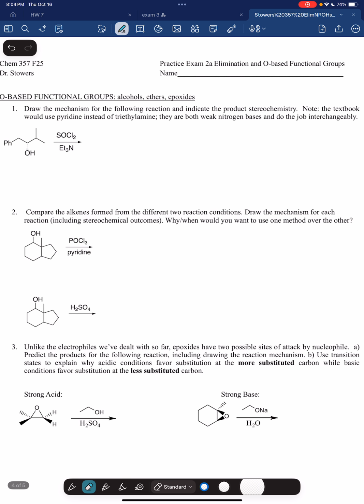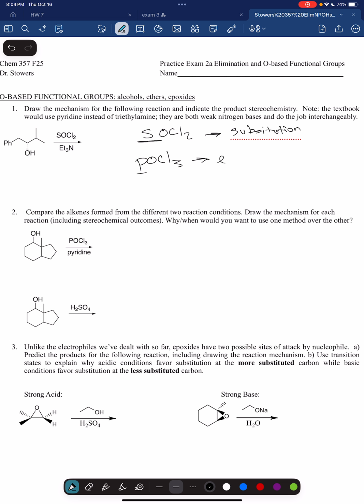So the big thing to remember, SOCl2 and POCl3. SOCl2, because it has the S, does substitution. POCl3, I don't know if there's a good way to remember this other than it's not SOCl2. You could think of maybe the P, it pulls everything off, so it does the elimination.